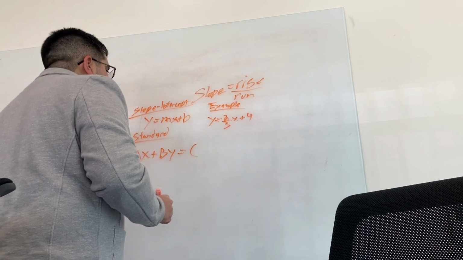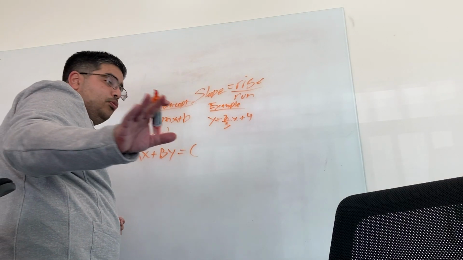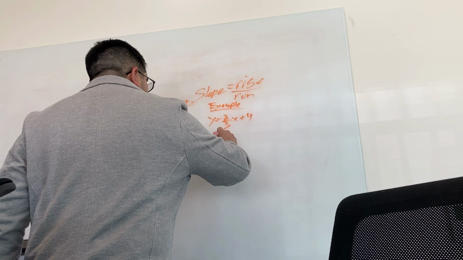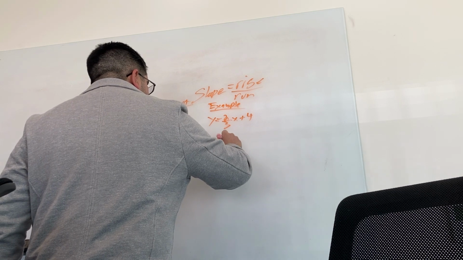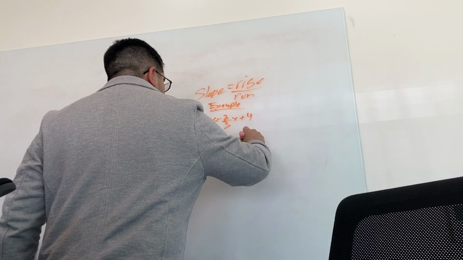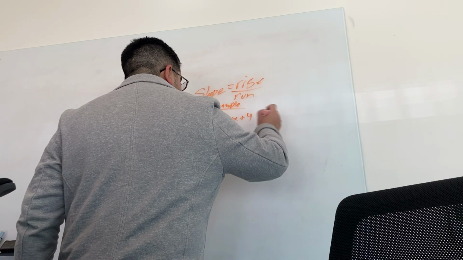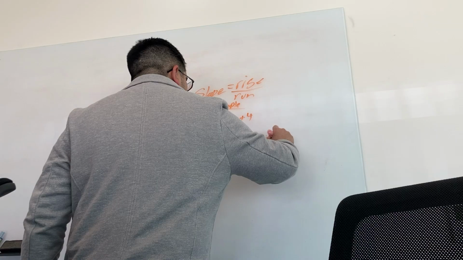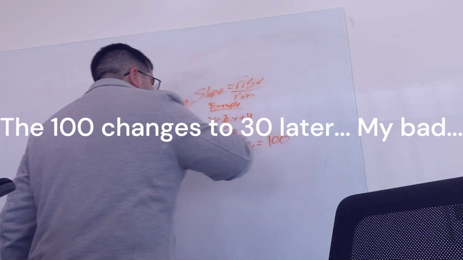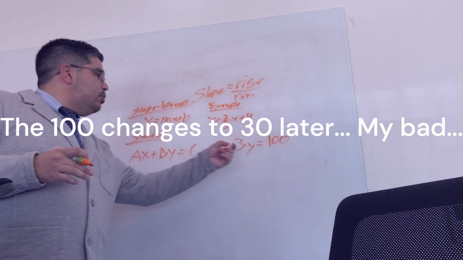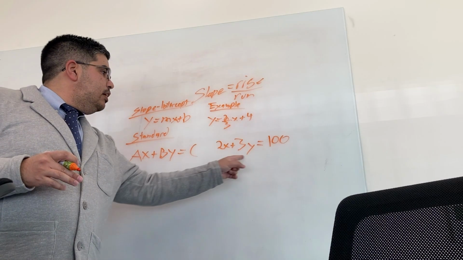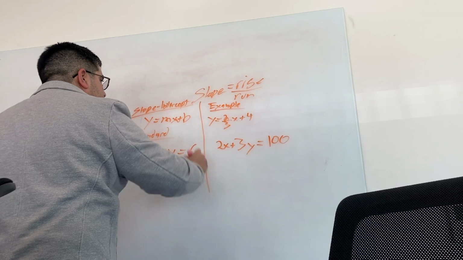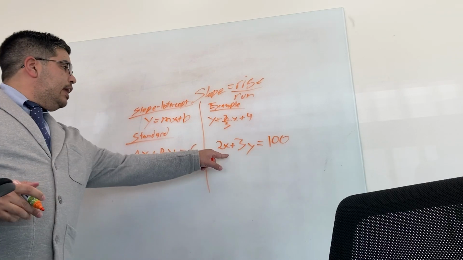An example of this, which we will explore some more, is 2x plus 3y equals 100. That is a line in standard form.